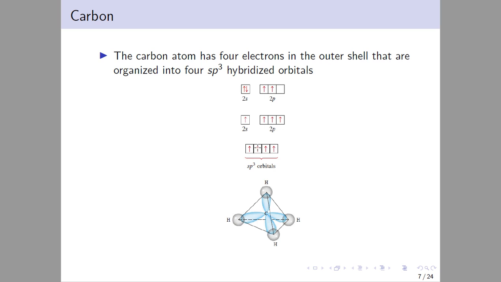One electron can be shared here, one here, one here, and one here. Here we see C, and H shares the electron with this sp3 orbital, so we can have methane.